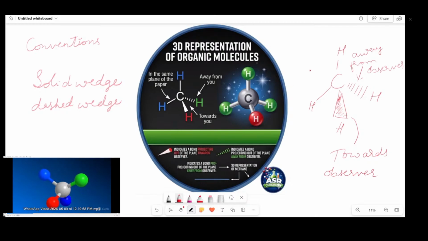And these two normal lines represent bonds lying in the same plane, or bonds lying in the plane of paper.